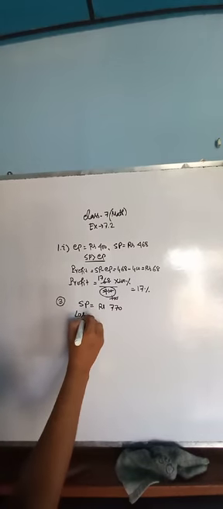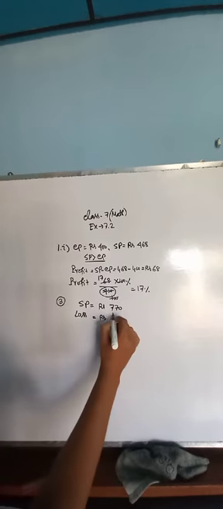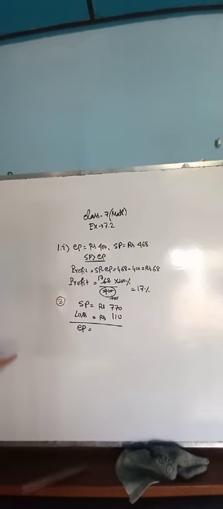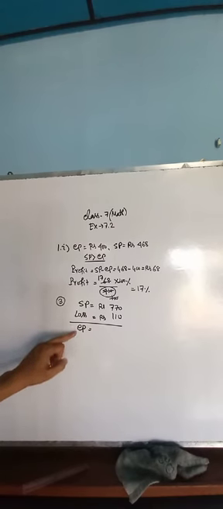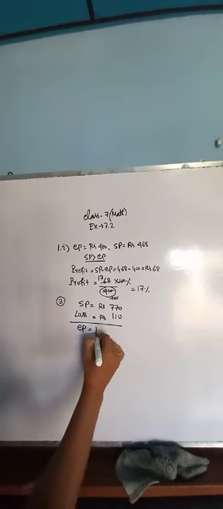Incurred a loss of rupees 110. So CP will be what? Whenever there is a loss, CP will be greater than the SP, so you do the addition.